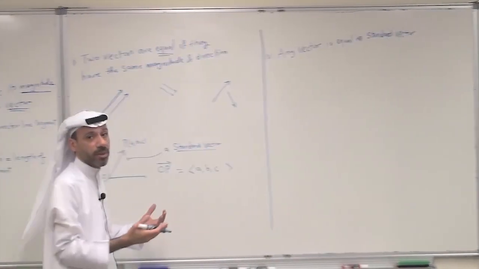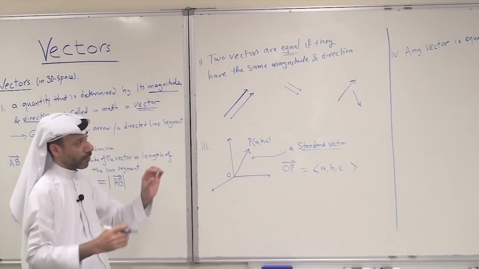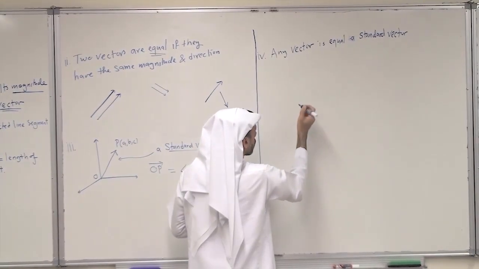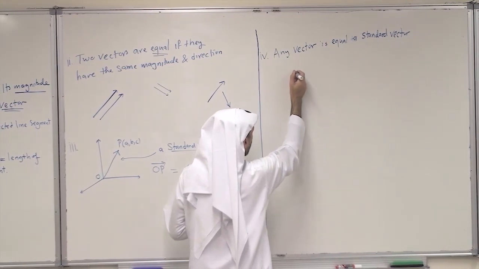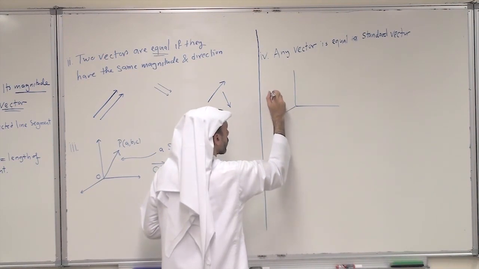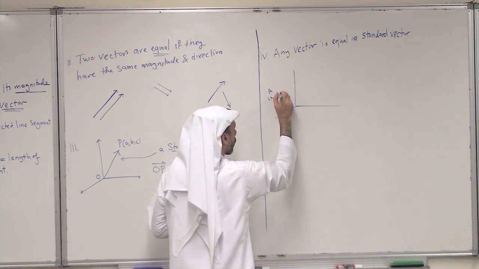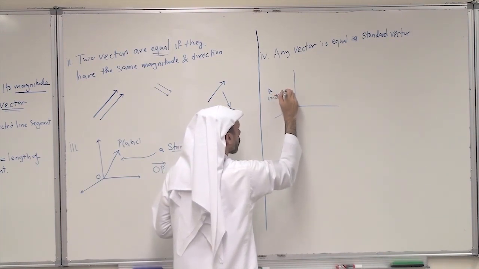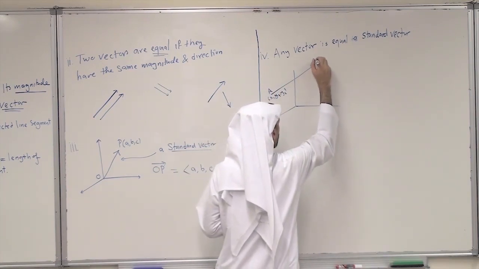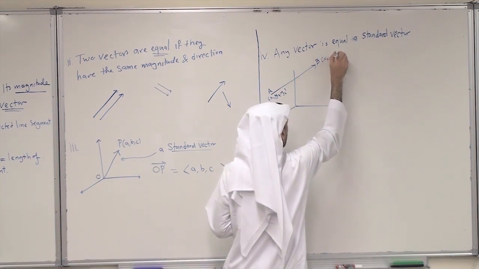Take any vector in space, then it is equal to a standard vector. It is equal to a vector starting from the origin. Here, for example, if we take two vectors A and B, A is (x1, y1, z1), and another vector, the terminal point B, is (x2, y2, z2).